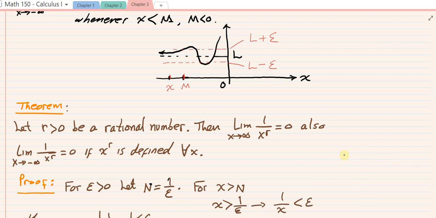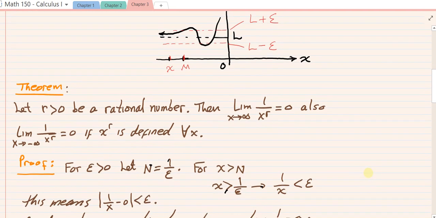Now, if we look at x greater than n, we're going to replace n with 1 over epsilon. Therefore, x must be greater than 1 over epsilon, which means the reciprocal, 1 over x, is going to be less than epsilon, right?